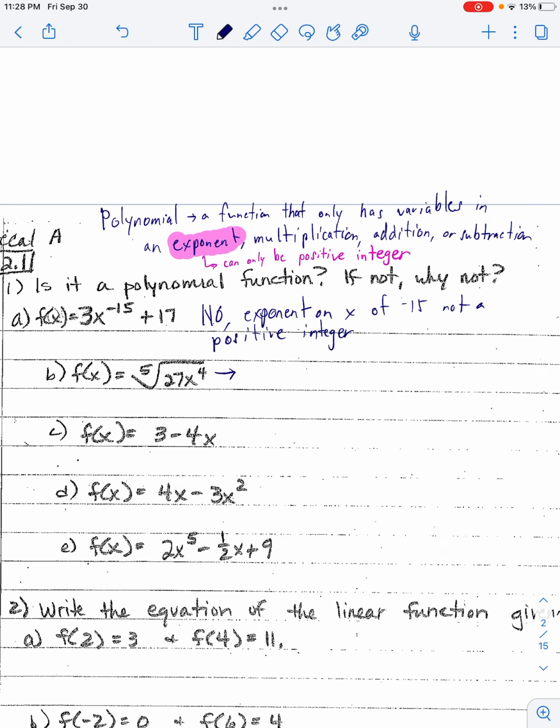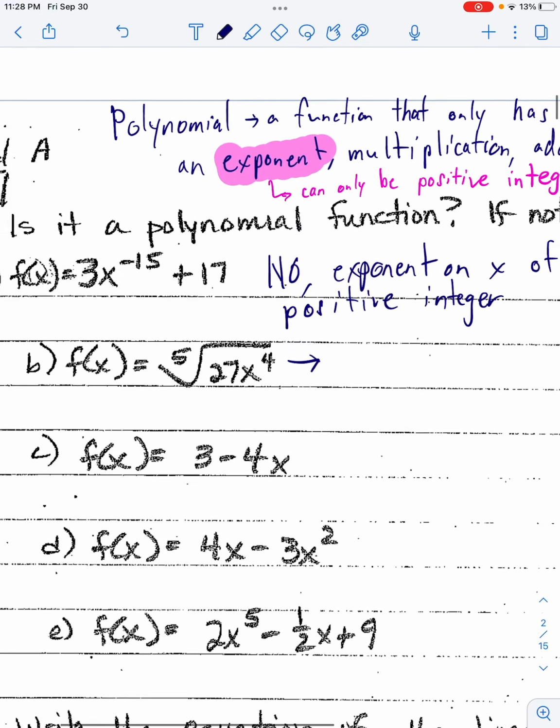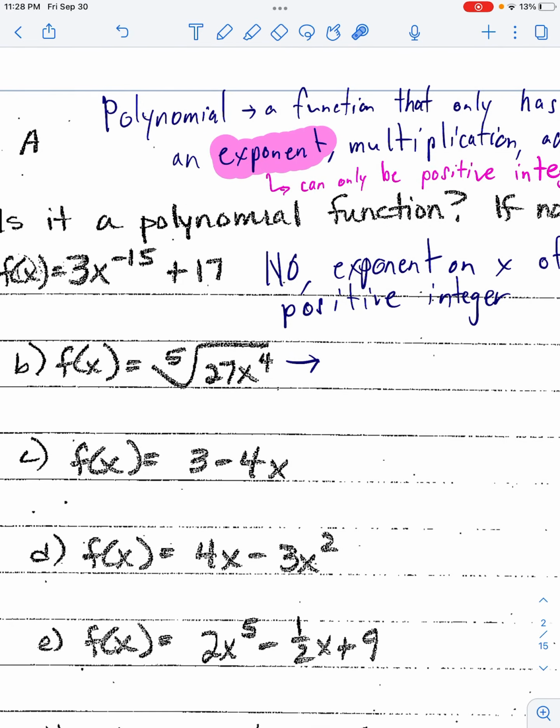Okay, next one, right? What's the exponent on x technically? I don't know if you remember this from Algebra 2, but when you see a radical symbol with a little number, this means like a fifth root, okay? So instead of finding the square root of 27x to the fourth, this is 27x to the fourth rooted to the fifth, or find the number such that when you multiply it by itself 5 times, that equals 27x to the fourth, okay?